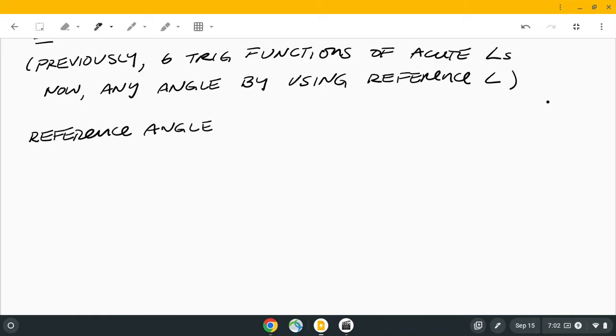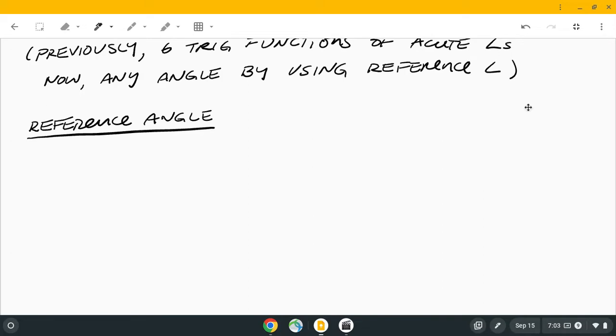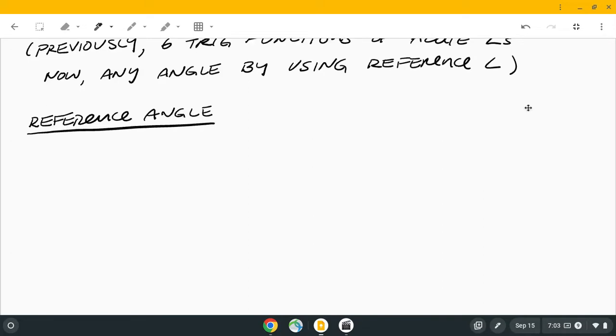So now, before, you guys memorized sine, cosine, and tangent of 30 degrees, 45 degrees, 60 degrees. And now here, we're still going to be using those.